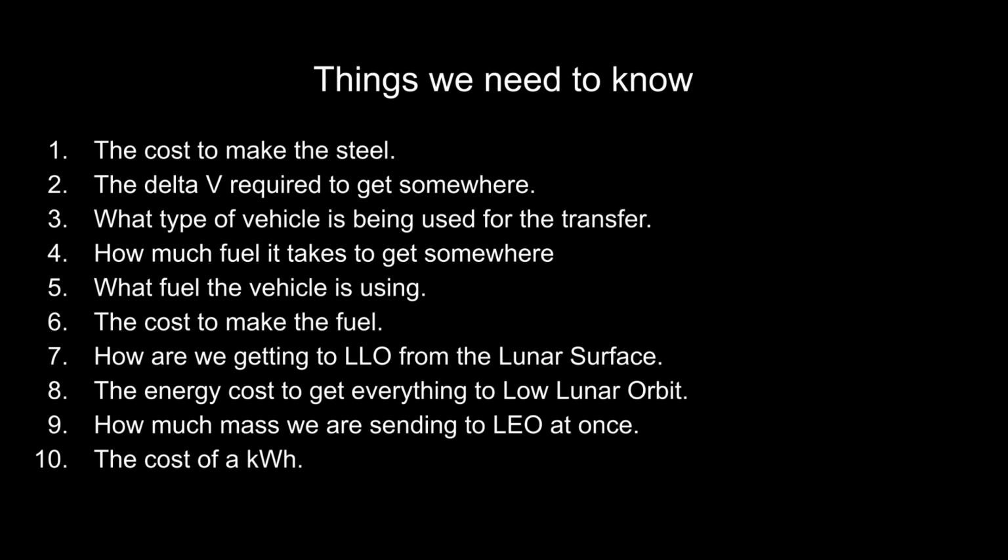How much fuel it takes to get to low Earth orbit. 5. What fuel the vehicle is using. 6. The cost to make the fuel. 7. How are we getting to low lunar orbit from the lunar surface? 8. The energy cost to get everything to low lunar orbit. 9. How much mass we're sending to low Earth orbit at once. And 10. The cost of a kilowatt hour.